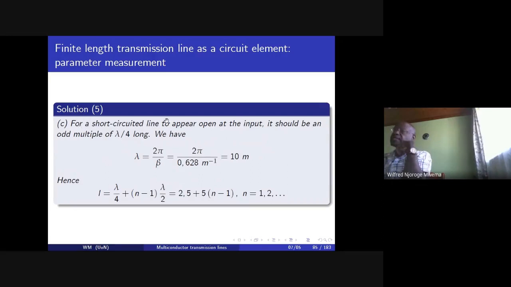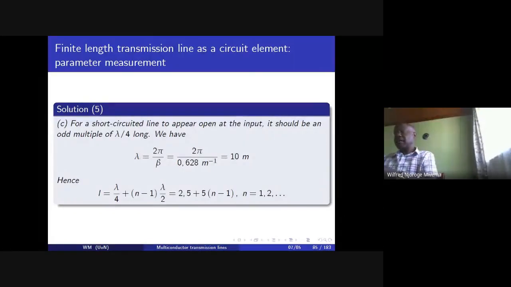For part C, when the line is short-circuited to appear as an open circuit, it has to have an odd multiple of lambda by 4. That is, it should be at least lambda by 4 long, or an odd multiple of lambda by 4 long. So we have that lambda is given by twice pi by beta, and we get that as 10 meters.